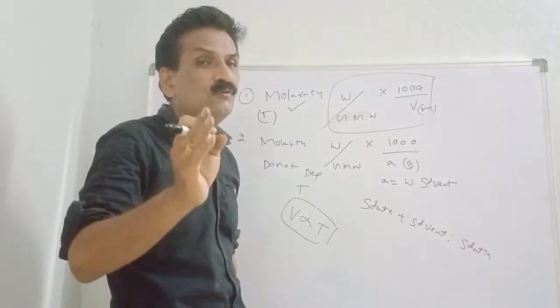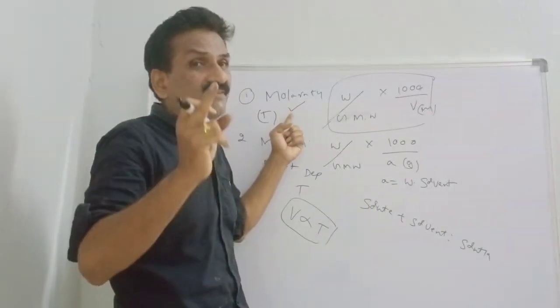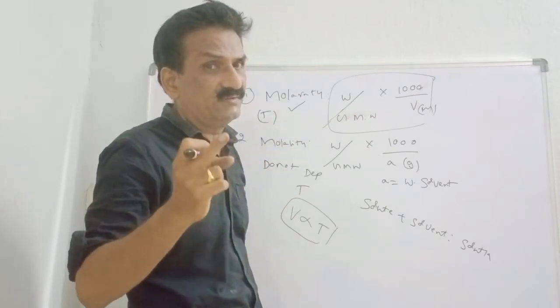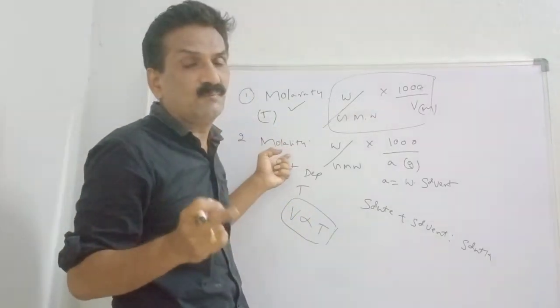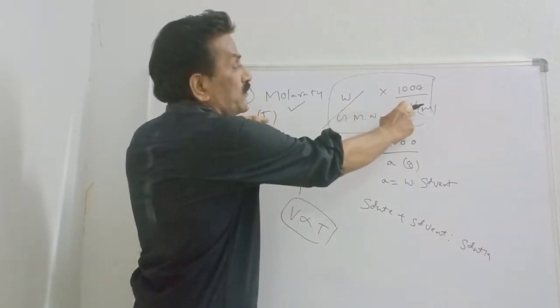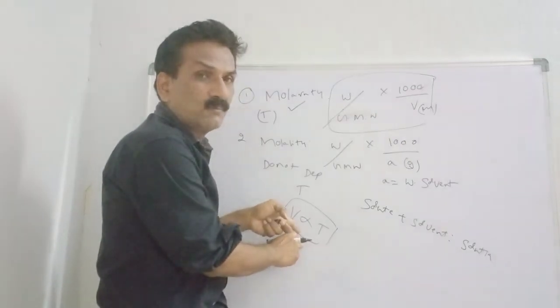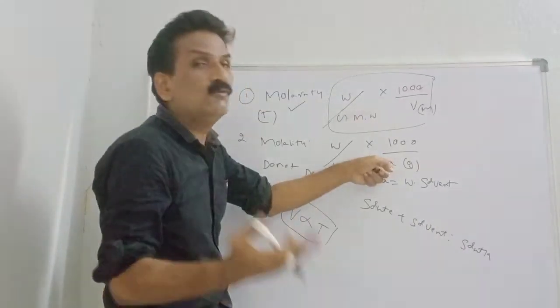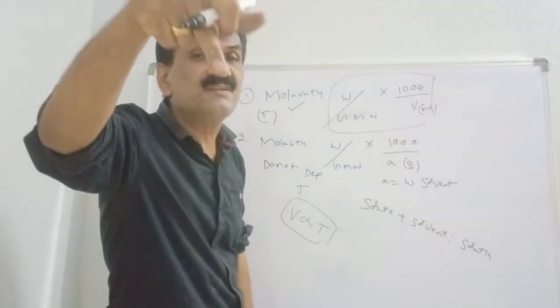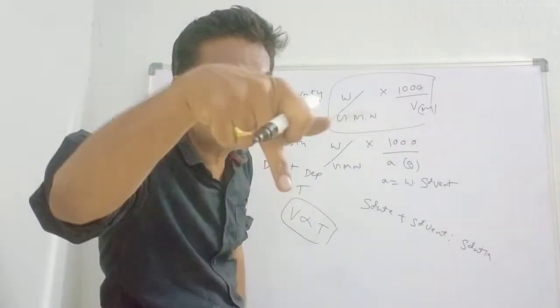So this is the first term, molarity. We can express concentration. Next, molality, most important. Molarity depends upon temperature. Why? Here volume is there. Volume is directly proportional to temperature. In molality there is no volume, it is 1 kg of the solvent.